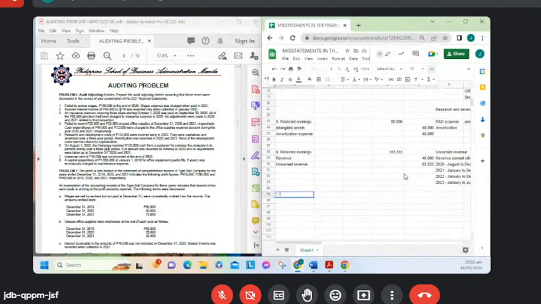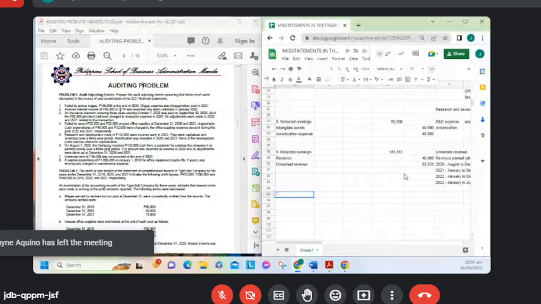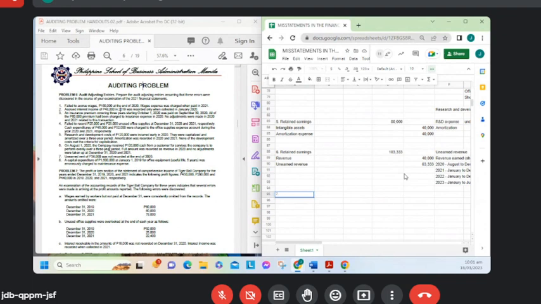Unearned rent of 36,000 was not recorded at the end of 2020. So unearned rent, no? It means there is a liability that should be recorded but it was not recorded. So if it was not recorded as liability, it was recorded as income. Right? So there is an overstated revenue, retained earnings, in net income in 2020.